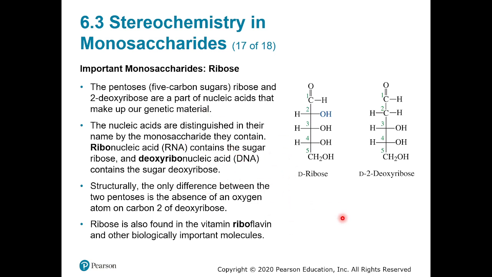So structurally, the only difference between the two pentoses is actually the absence of an oxygen right here, specifically at carbon 2. Ribose is actually found in the vitamin riboflavin and other biologically important molecules. It is extensively used throughout the body, and that's because ATP and ADP all have ribose.